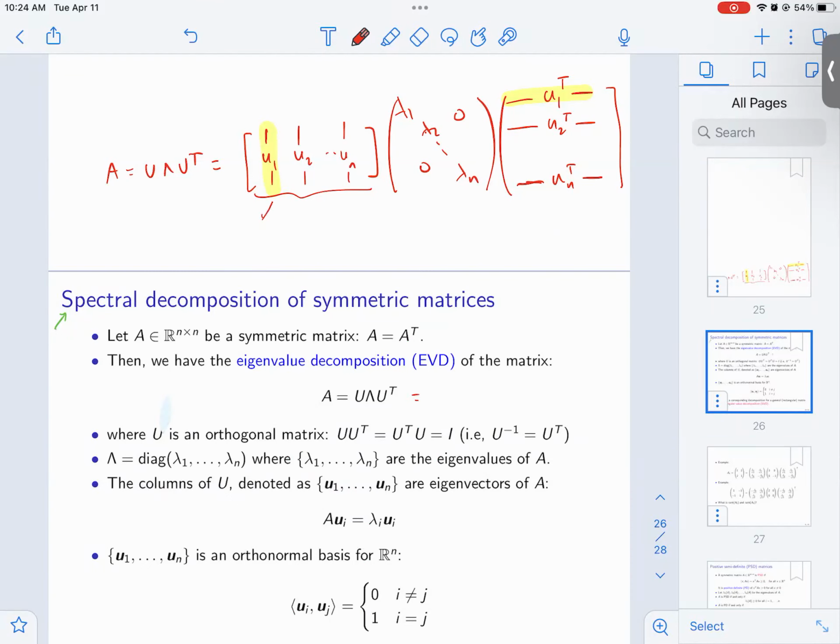So the norm of U1 is equal to the norm of U2, all of them are 1. So the norms are 1, and the inner products are 0 if i is not equal to j. So this is always possible if A is symmetric.